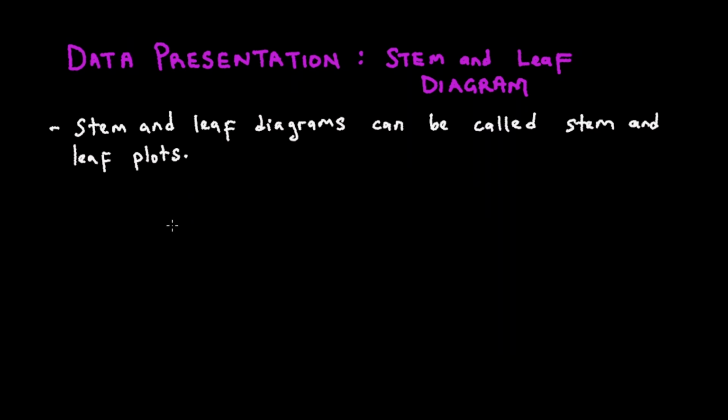A stem and leaf plot is used to classify data while at the same time retaining the original data. Saka the use of a stem and leaf plot is, chekutanga, we want to classify data.